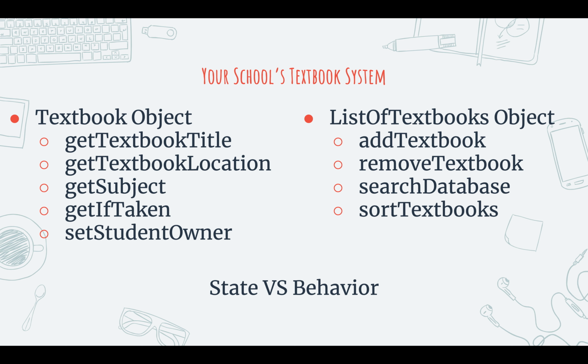However, when we create a bunch of textbooks and then put them in their own object, and then have operations such as adding a textbook or removing a textbook, searching our databases, or sorting the textbooks based on some characteristic, then we have a system that allows us to not only track a textbook, but sort them and distribute them to a school system.